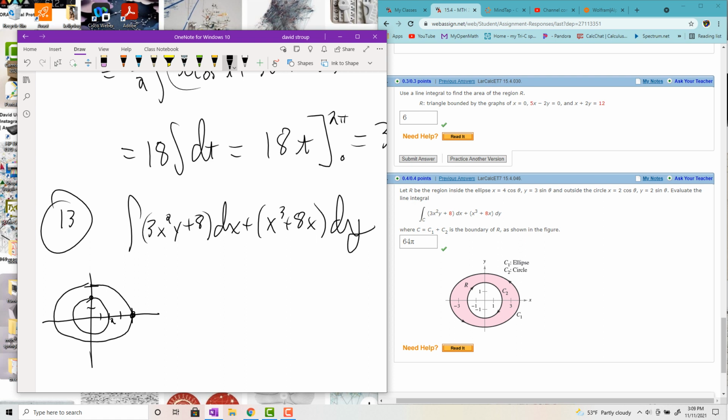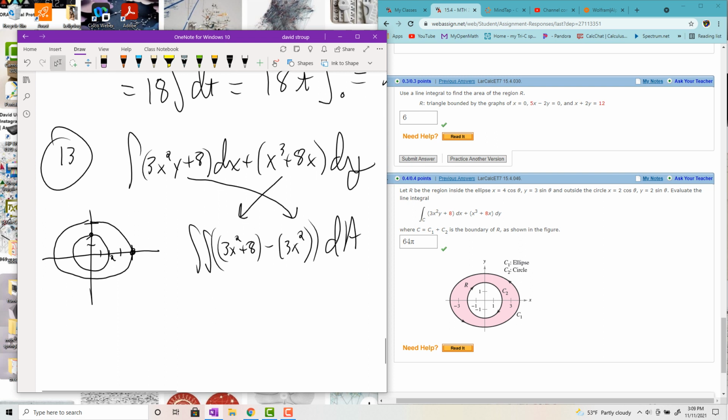Okay, so setting up our double integral, the partial of that thing with respect to x is going to be 3x squared plus 8, and then minus the partial of this thing with respect to y, so that'd be 3x squared, and then dA, right?